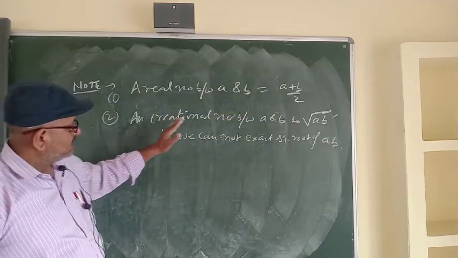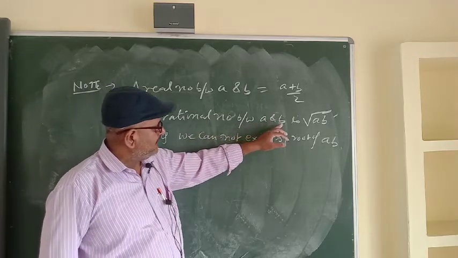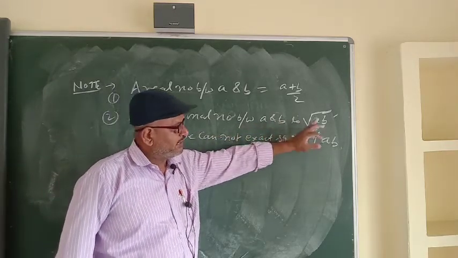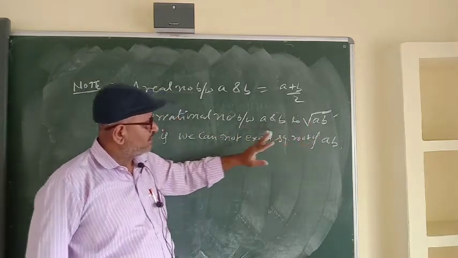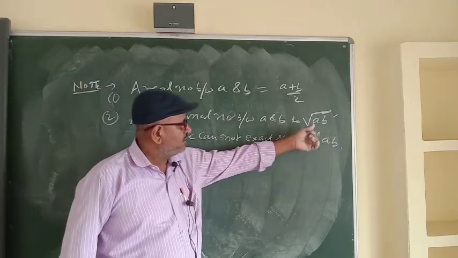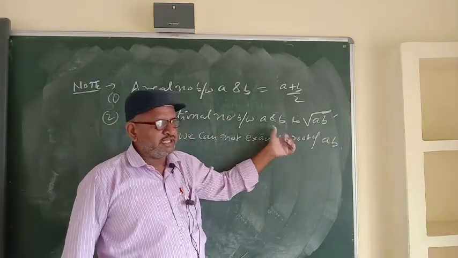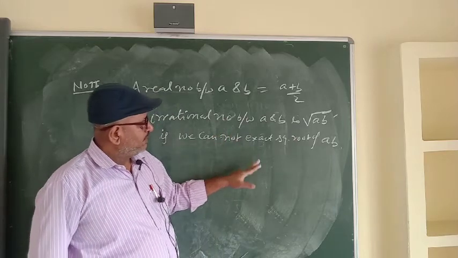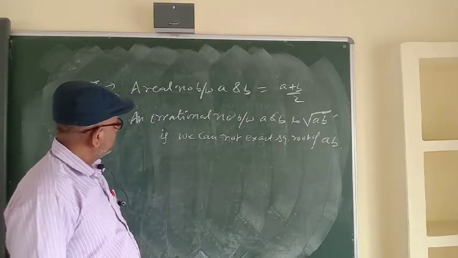So an irrational number between two numbers a and b can be written as the square root of the product ab, if we cannot take the square root of ab exactly. Otherwise it is not irrational.